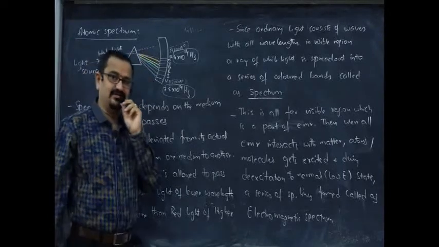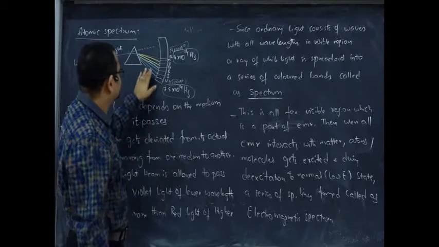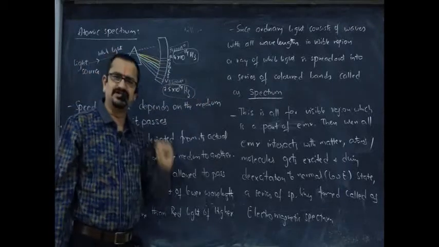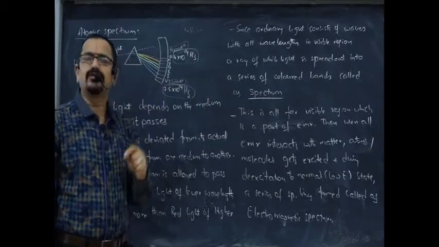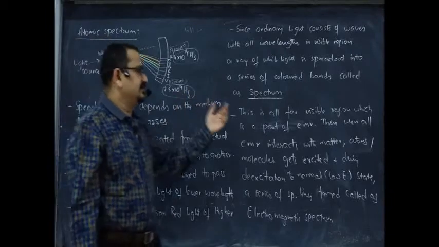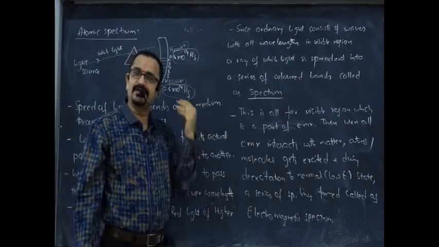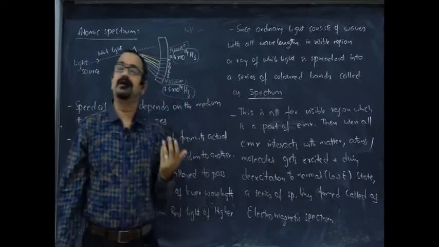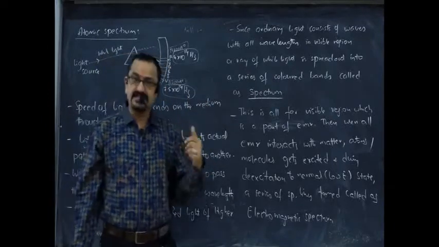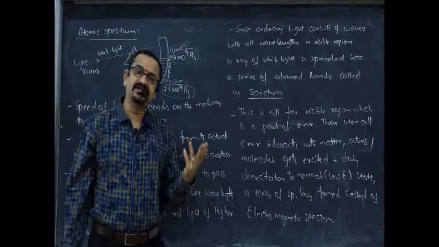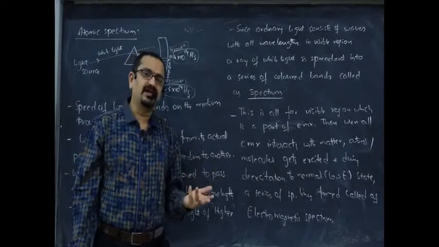Whatever we discussed till now belongs to the visible region, which is a small part of electromagnetic radiation. When just for the visible region these many dispersed spectral lines are noticed, then when all electromagnetic radiation starts interacting with the medium, what will happen?